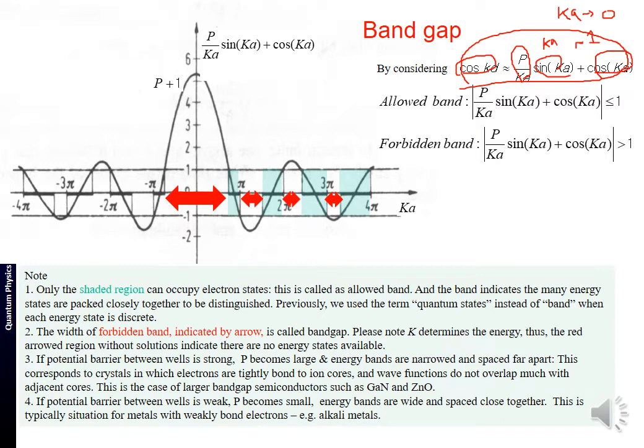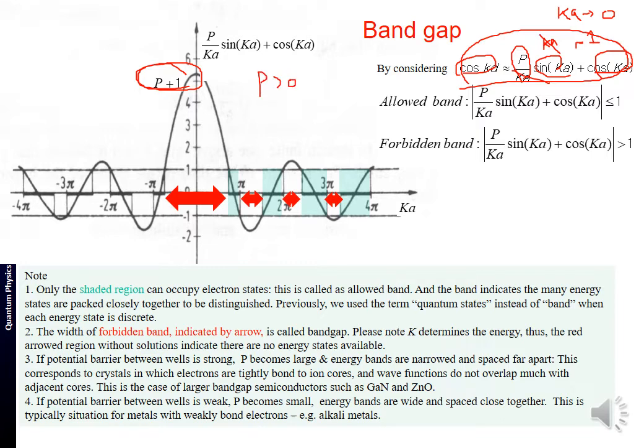Ka is extremely small, so the right hand side becomes P plus 1 at the 0 point. Okay, so P is a positive number.